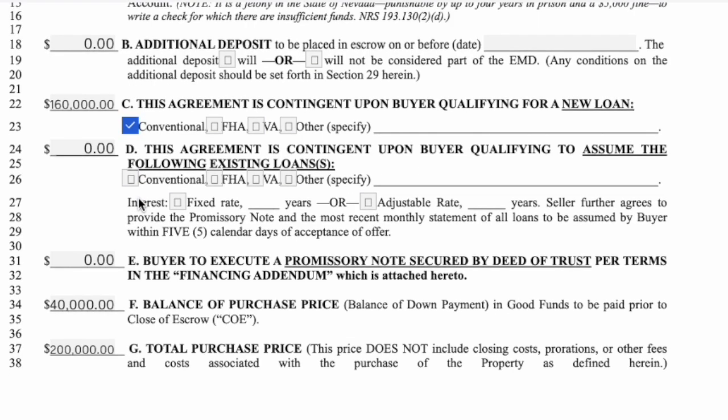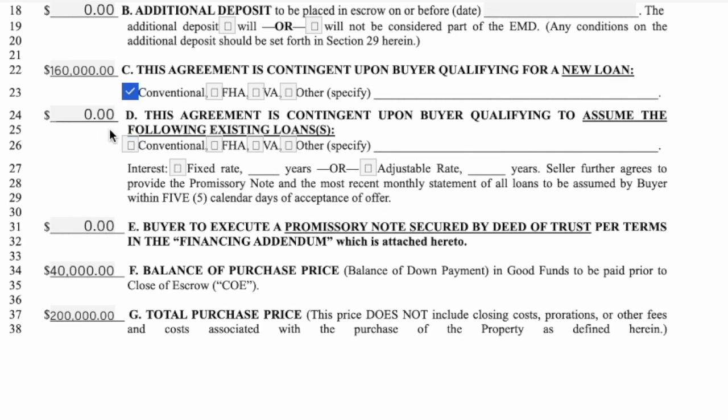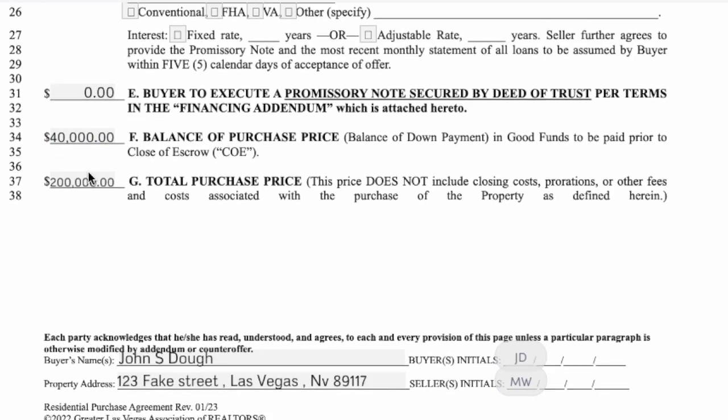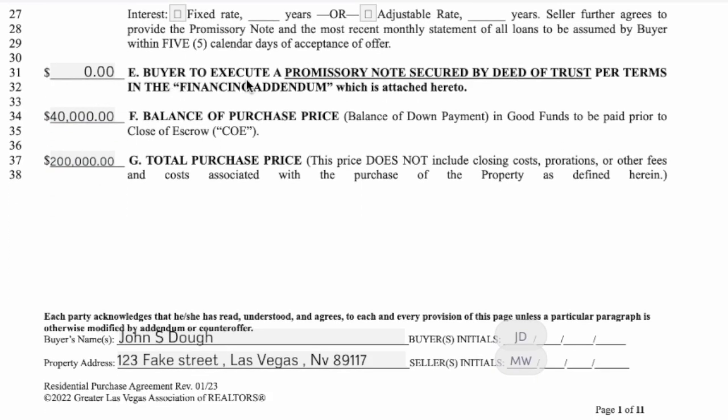So assuming a loan, if someone has a loan and you can take it over, that's a wonderful situation. If the numbers work and you qualify, you will put those numbers there. That's not a part of our transaction, so we put 0. Buyer to execute a promissory note secured by deed of trust per terms in the financing addendum, which is attached here too. So we don't have that in this situation.